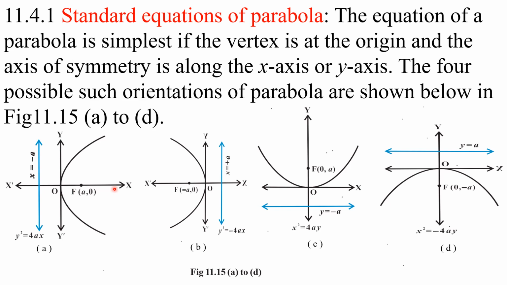Positive x-axis. In this case, we say that the parabola is opened right side. Okay, my children. Simply we say that this parabola is a right opened parabola. Here this parabola extends indefinitely right side. Okay, my children, understood this point?